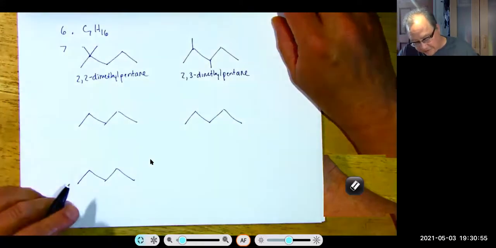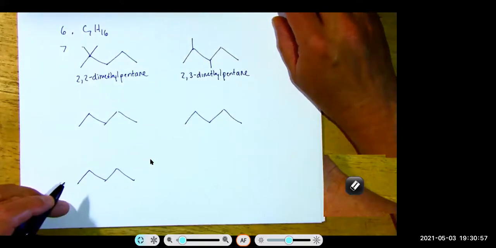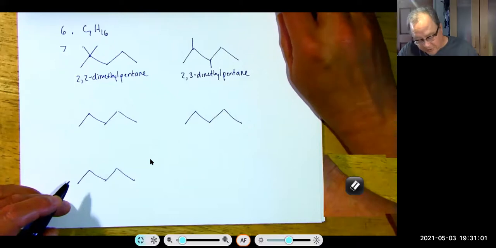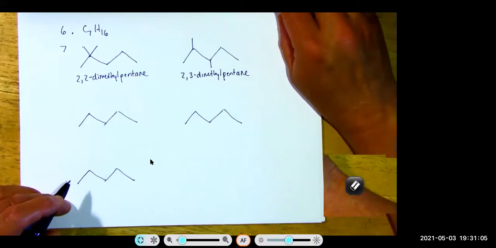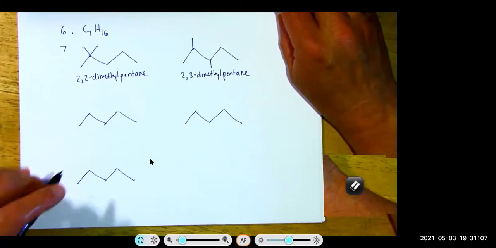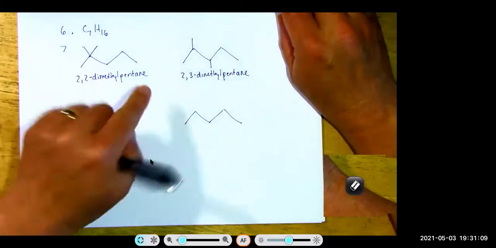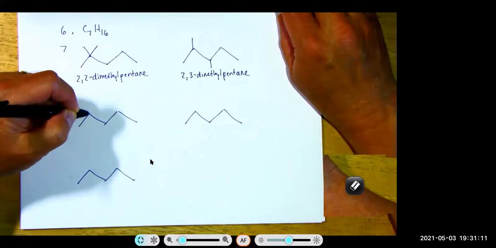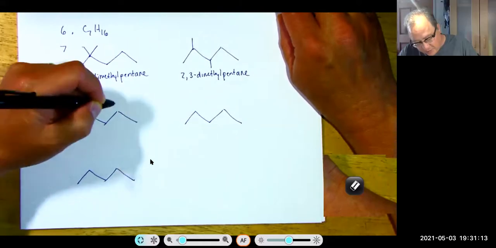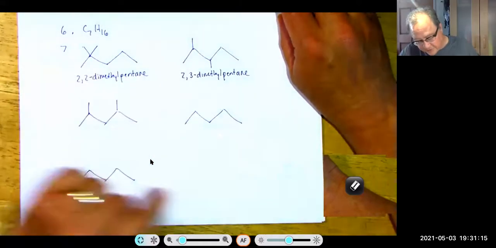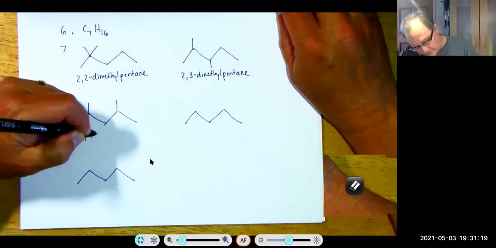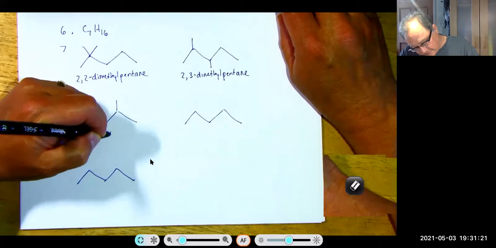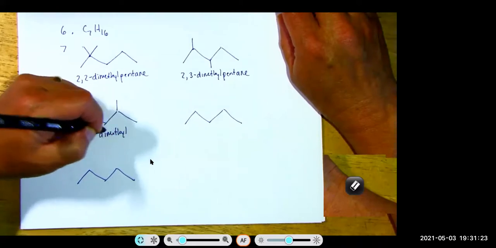Now what do you want to do? Move both of them to carbon 3. You sure you want to do that right now? Move one of them to carbon 3 and have one on carbon 4 and 2. Okay, so keep one on 2 because that's what we've been doing so far. So 2,4-dimethylpentane.